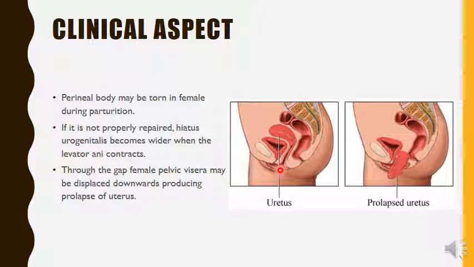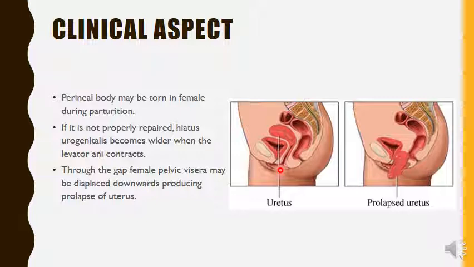During parturition, during delivery of the fetus, the urogenital hiatus is widened and the levator ani muscle is stretched. Normally that stretching is there to some extent, and when the delivery is over, when the fetus comes out through the vaginal canal, they contract back to their original shape and structure.